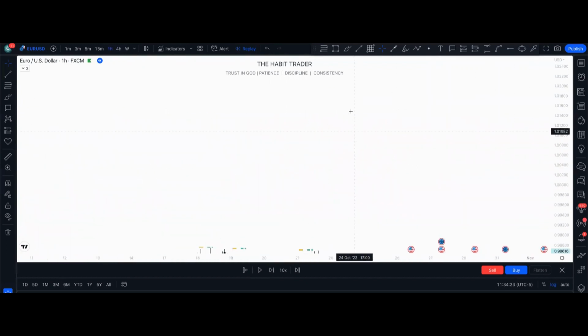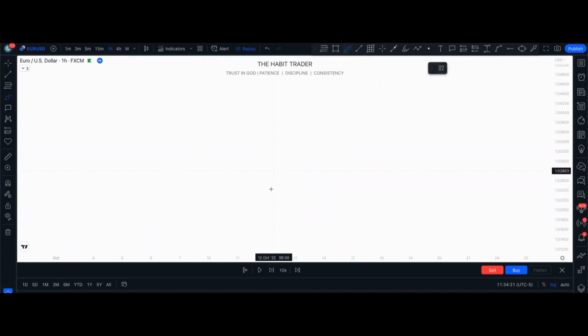So let's go to supply zone. So supply zone is different. When you say supply zone or supply areas, the market is really shifting or really moving to the downside.